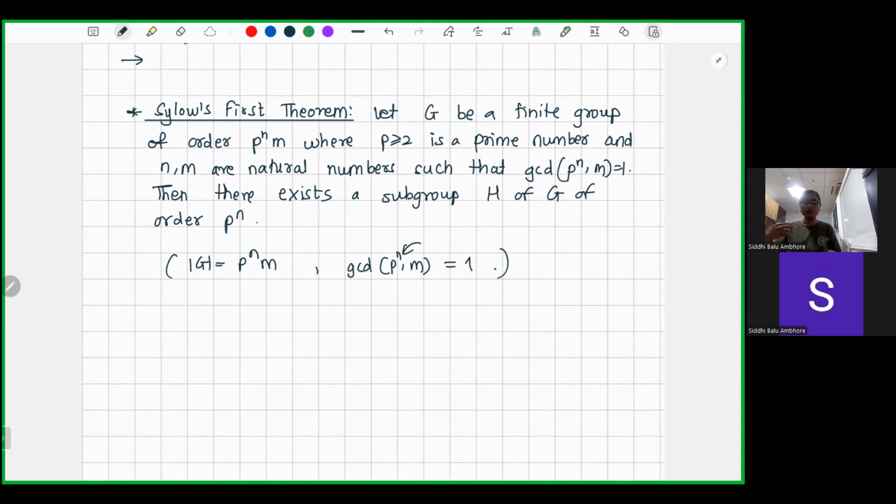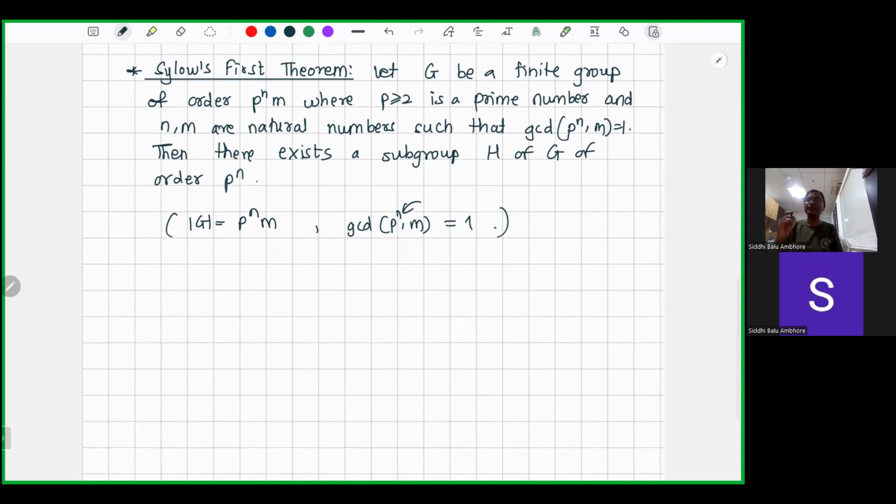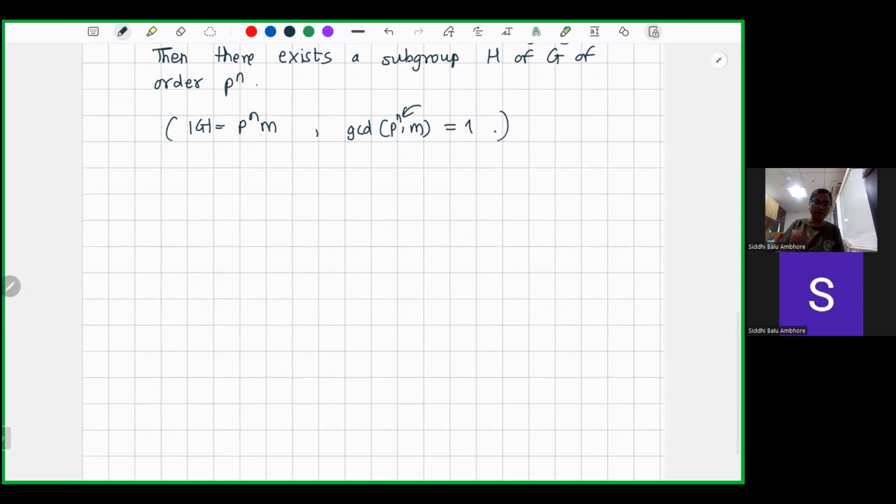So we will have a subgroup of that order, with n maximum. That is the existence of a subgroup of order p power n, which is called a Sylow p-subgroup, and that's what Sylow's first theorem gives us.